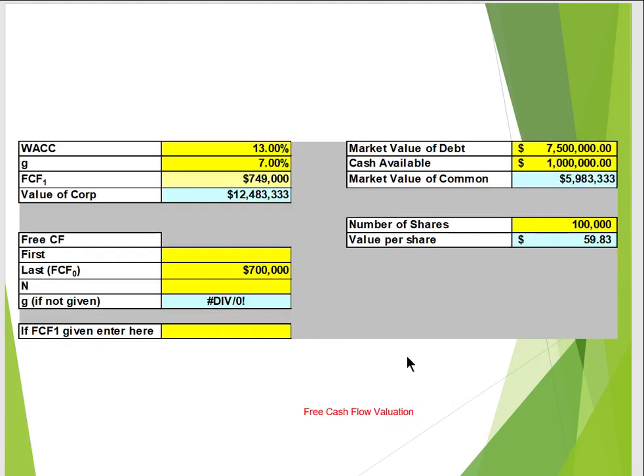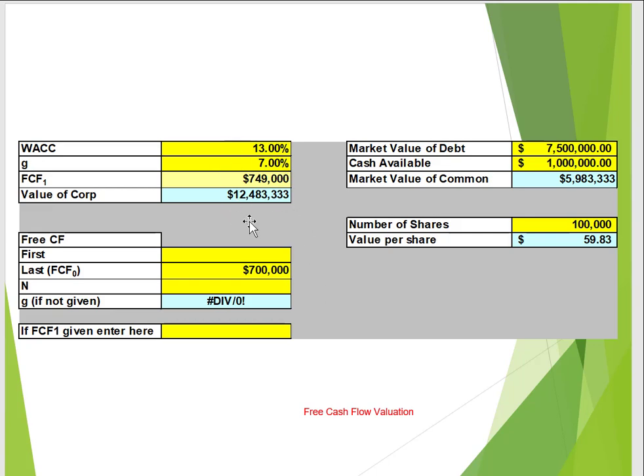So let's see how this would fit in an Excel model. This should look a little similar to the dividend constant growth model. Weighted average cost of capital, again, we said it's 13%. The growth rate is 7%. The most recent free cash flow was 700,000. So we're predicting future cash flows of $749,000.